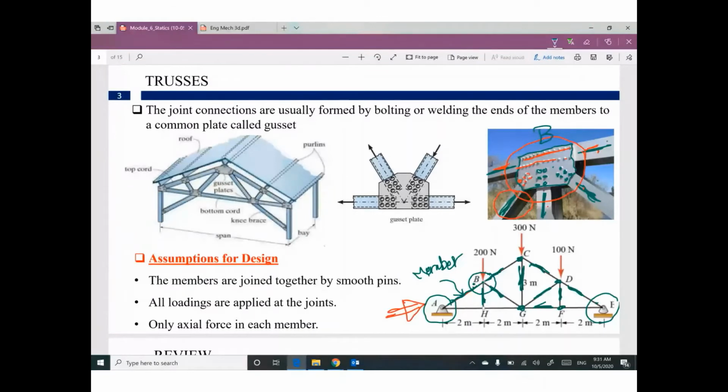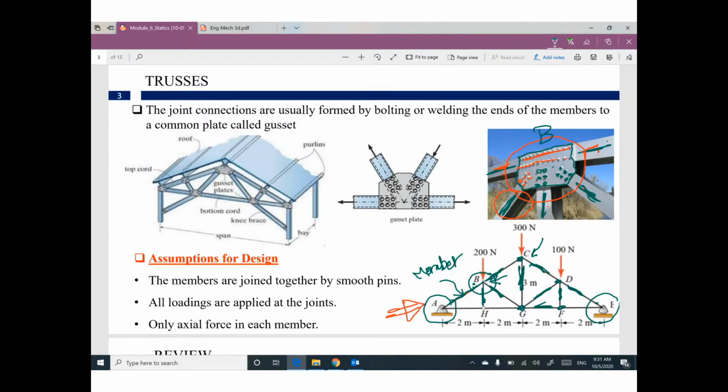Any forces in this truss will be only at these joints. We will never see a load at an intermediate point of a member. Will not happen. All forces must be at these joints only.